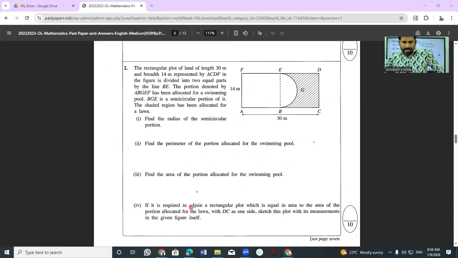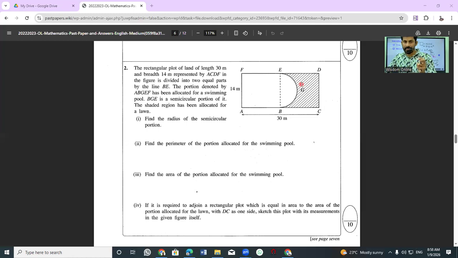If it is required to adjoin a rectangular plot which is equal to the area of the portion allocated for the lawn, that means the shaded region. We need to create a rectangular plot.